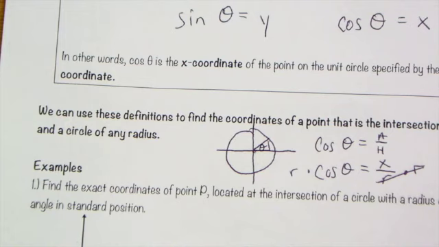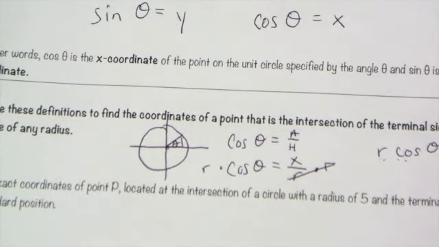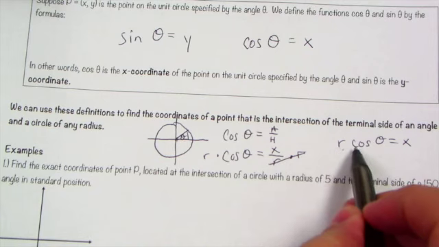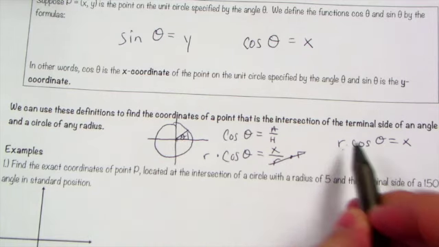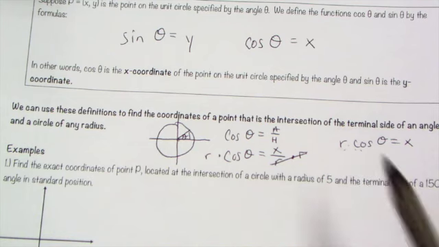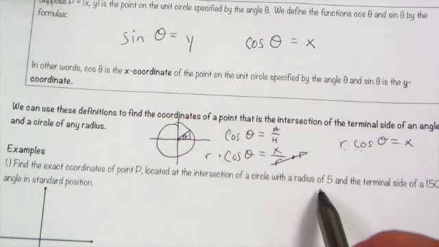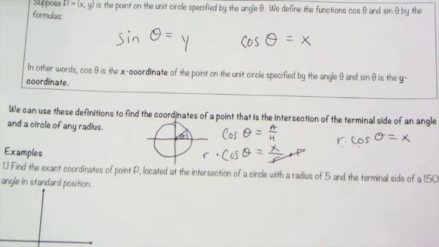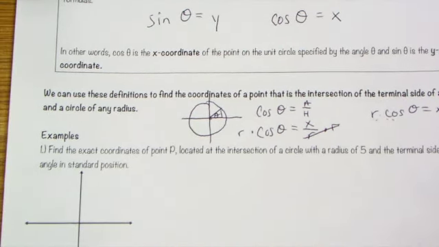But if our radius is something else, all you do is simply multiply that coordinate by whatever the radius is. So really, the only thing that changes from the previous lesson is if the radius is other than 1, you would just multiply the radius by whatever you got. So I'm going to show you what that looks like.